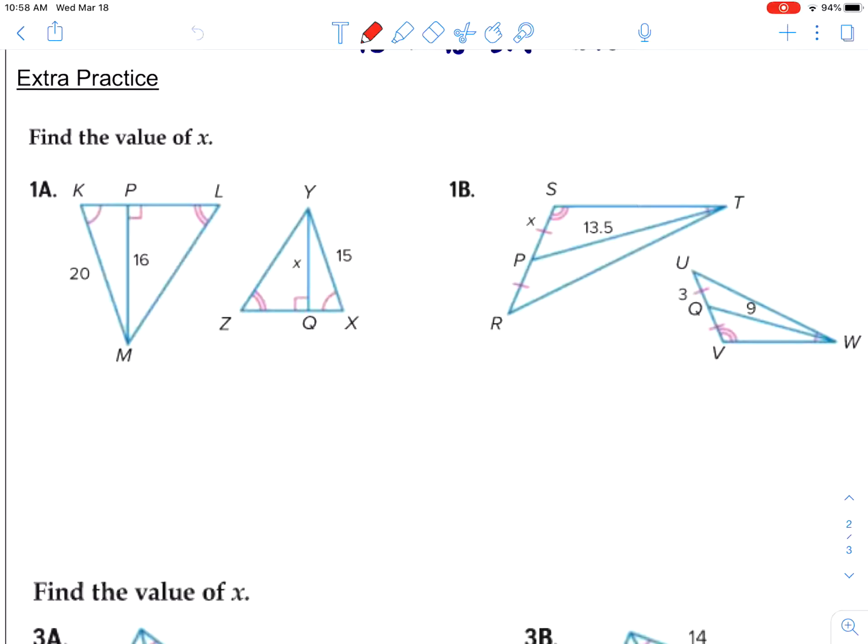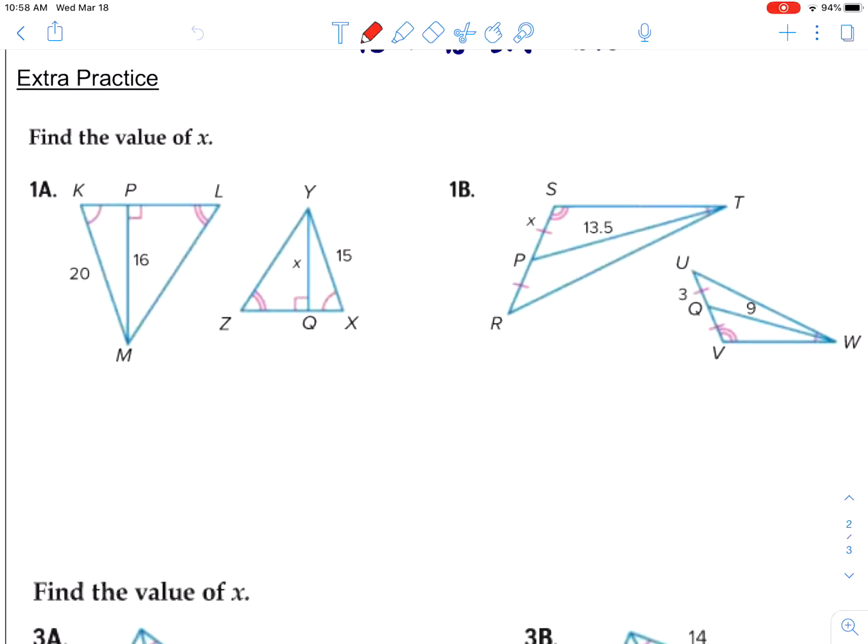So in the first problem, notice that we have some altitudes that are shown. Altitude MP and YQ. So I'm just going to write altitudes, although the same rule applies. So altitude here with our 16, and the altitude in the second diagram is x.